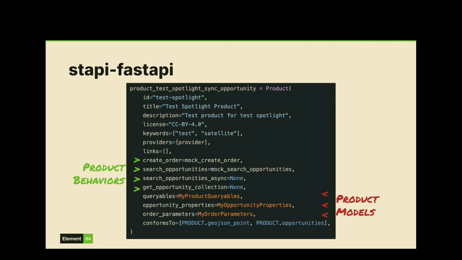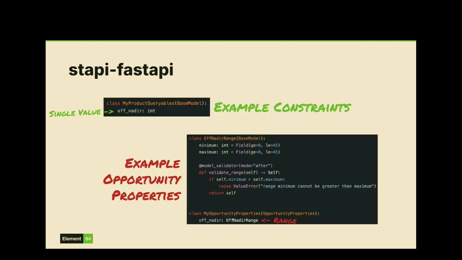We also have models that we have to provide that can be useful for defining what the request and responses can look like, those queryables that we saw earlier in the search request. You would define a model for those on your product, and also define shapes for what your opportunities and orders look like. So an example of this for the opportunity properties could be something like this, where your constraints or your queryables, we're constraining what could be allowed to fulfill an order with a single parameter, like the off nadir angle.